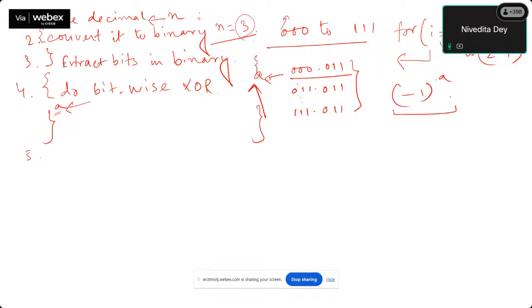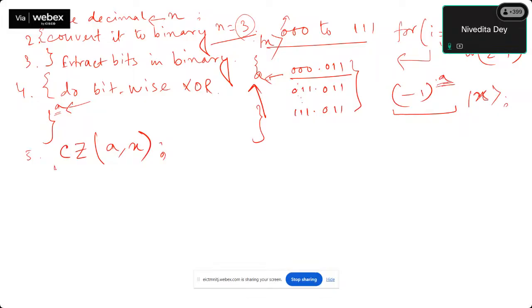For that, you have to feed your A, say X is all these values, 000 to 111. That is your X cubed. Now this A is your control then. So it will be a control Z gate, a CZ gate of A and X.